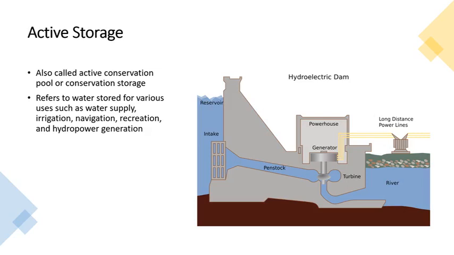From the active storage part, the water enters the intake to the penstock, and the penstock conveys the water to the turbines. The water then spins the turbines, which allows the generator to generate electricity.